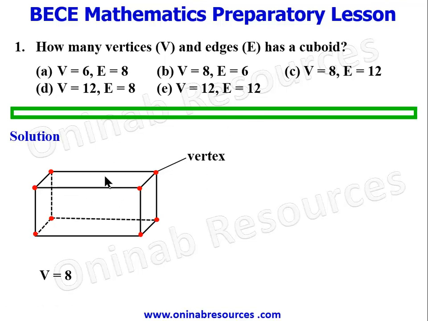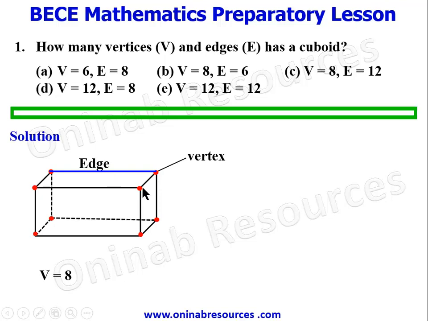Now the edge of a cuboid is as good as saying the line, that is a line joining 2 vertices. So we can see now that this is an edge of the cuboid. So we are going to count the number of edges we have here, that is counting the number of lines we have in the cuboid.